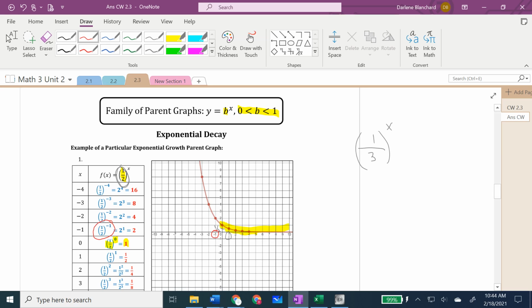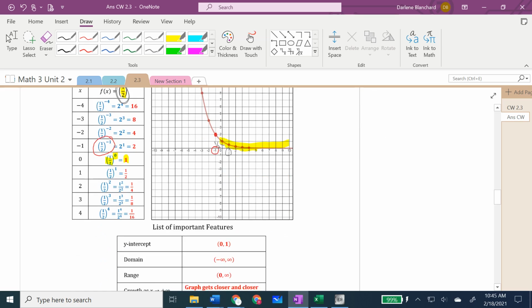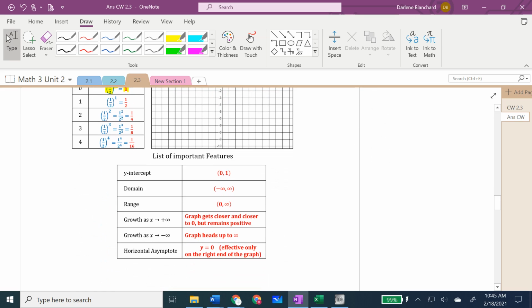In this case where it's 1/2, you're getting 2. If I had given you 1/3 to the x, then you would plot the point -1, 3, and you can get your second point without too much work.